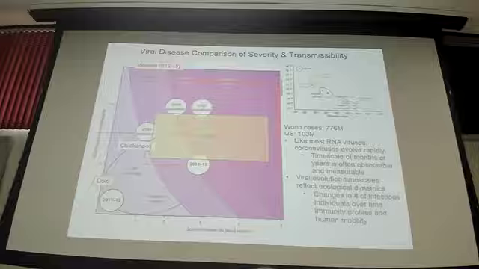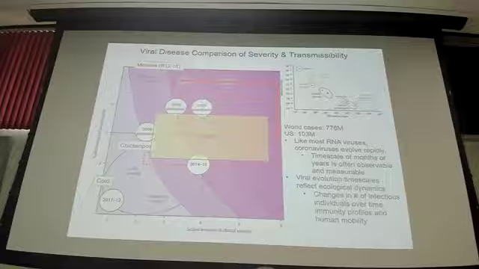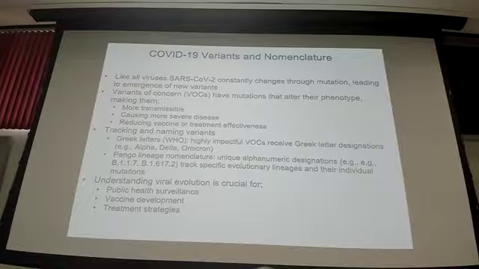Remember when Alpha first happened, and then that gave way to Delta, and then Omicron, you know, those were serious changes that affected the phenotype of this virus. Pretty interesting. In terms of getting our head around how the scientific community has categorized these changes, we have variants of concern.